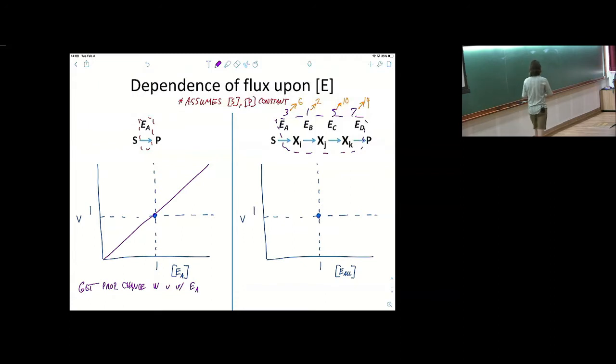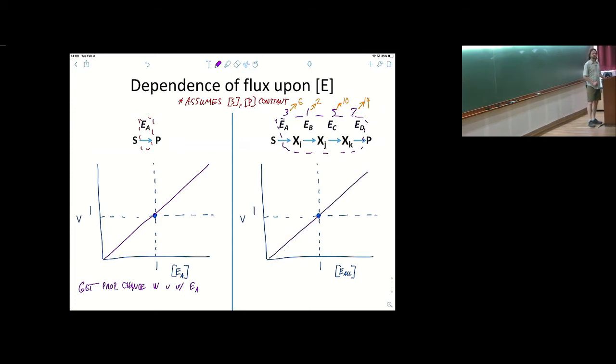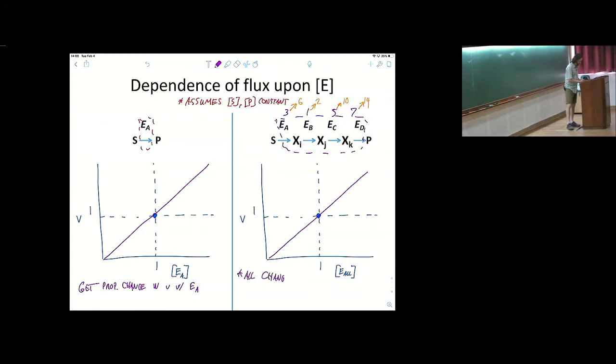So we'll do this actually in R. It is also just linear. So remarkably, as long as all changed by the same factor, same proportional fold change, it stays linear.